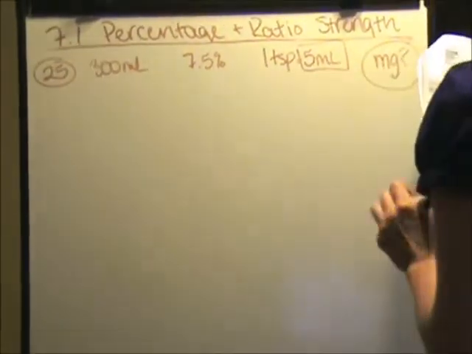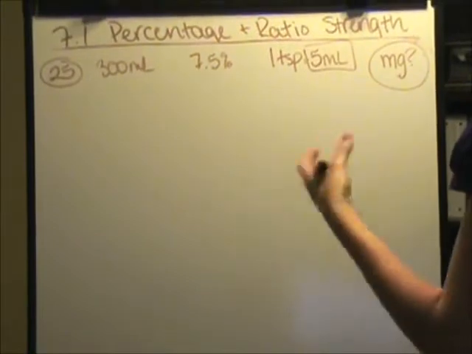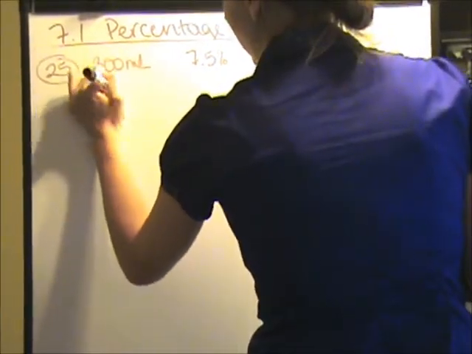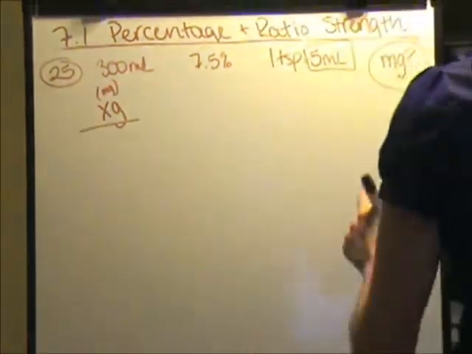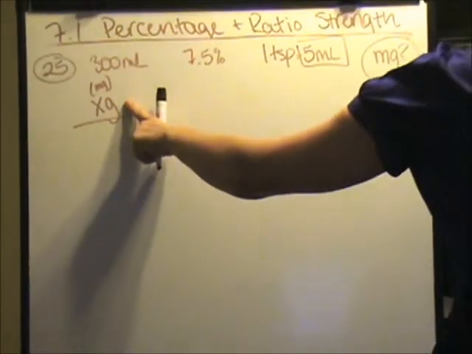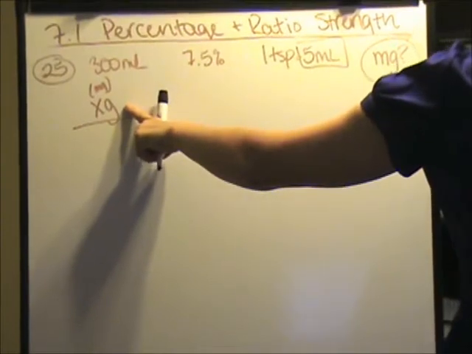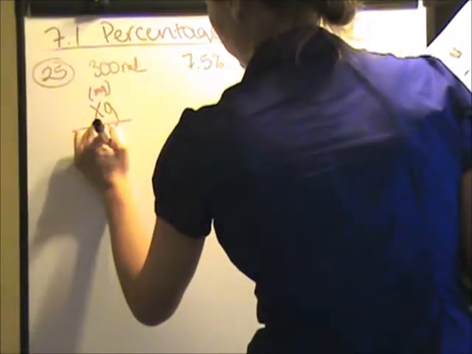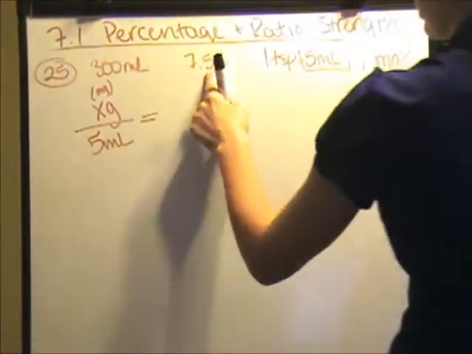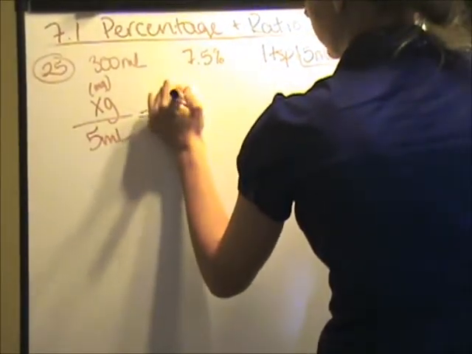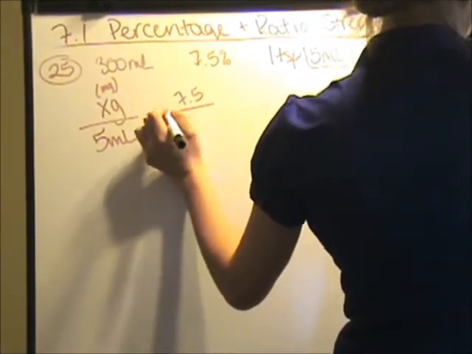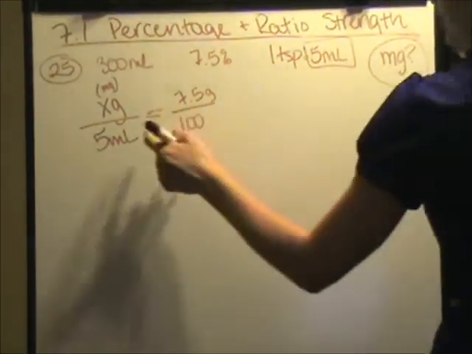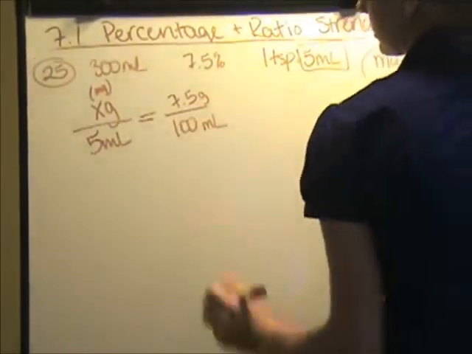But we're looking for milligrams. Remember, we can't do it in milligrams. We have to do it in grams. So let's set up a proportion in grams and remind ourselves we're going to have to convert that when we're done. So we're going to have X grams over our dose, 5 ml. And we have our percentage, 7.5 over 100. And this is going to be grams. And of course, since this is a liquid, this has to be a liquid too. This has to be milliliters.